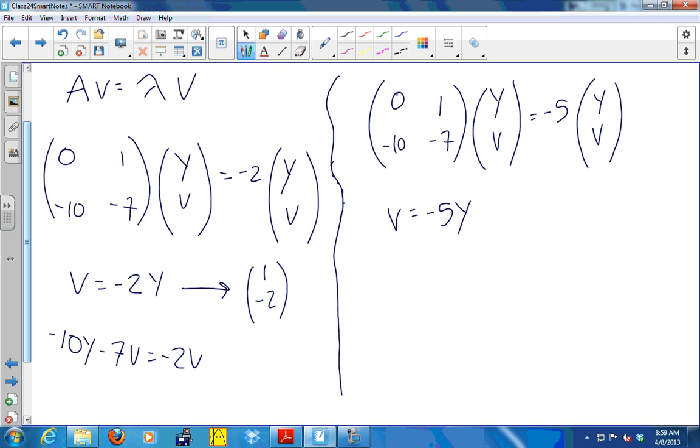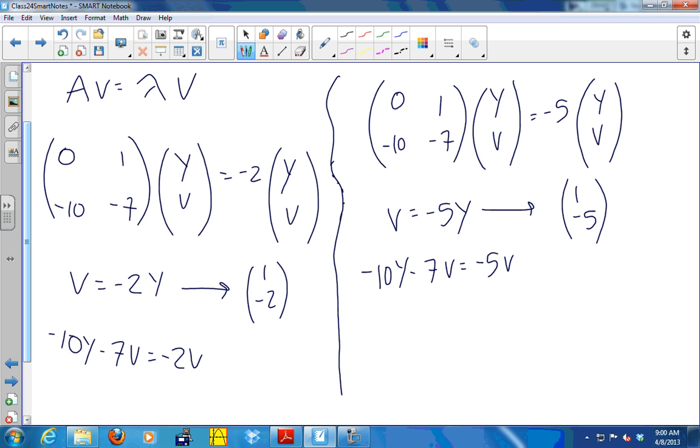My second equation comes out to be equivalent to the first. So I have another straight line solution in the phase plane, v equals -5y, and a vector on this would be 1, -5. So I've got 2 eigenvalues, 2 associated eigenvectors.